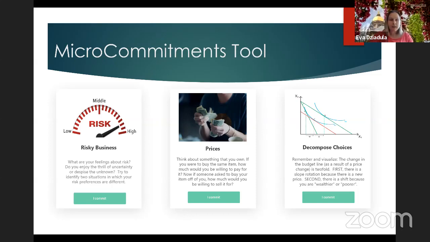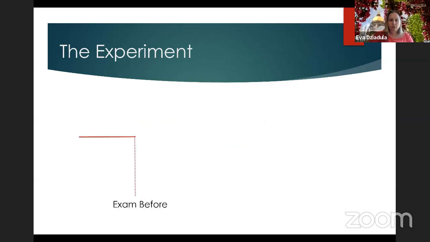So at the beginning of the semester, students consented to participating in the experiment and filled out an extensive demographic questionnaire. After the first midterm, the actions were delivered to all participating students.